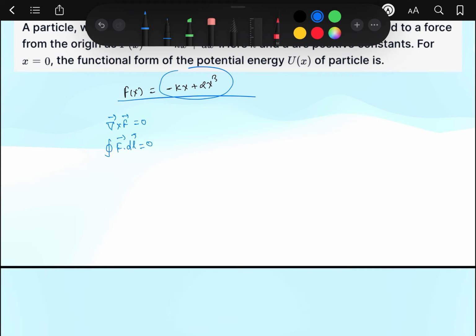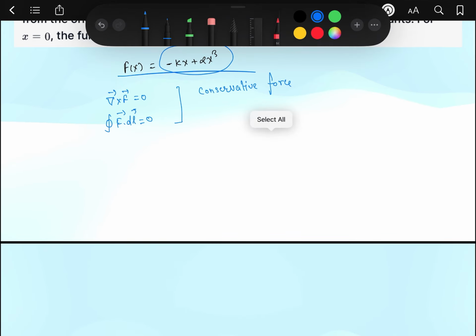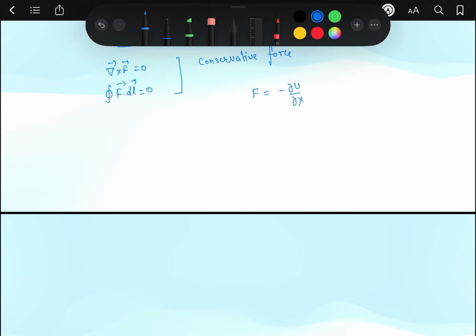Since it is a conservative force, I can say that there will be some potential energy associated with this force. Then, from the Stokes theorem, I can write F equal to negative of dU by dx, because this force is acting in the x direction only.